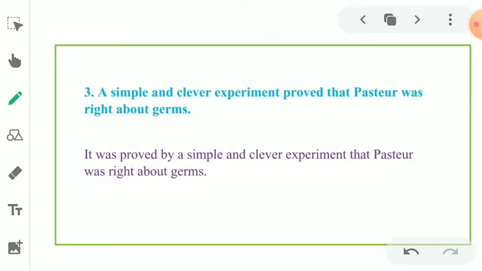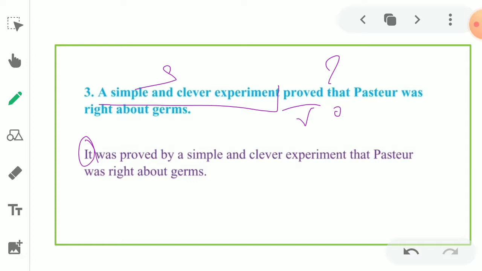Then, a simple and clever experiment proved that Pasteur was right about germs. Here, a simple and clever experiment is the subject, proved is the verb, but we don't have an object. So where is the object here? No object. In this case, you have to take it in the place of the subject in the passive.